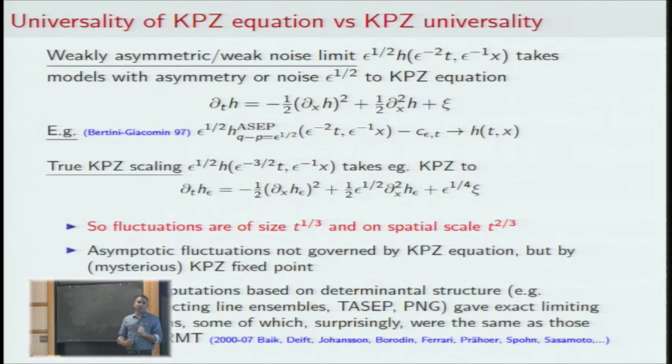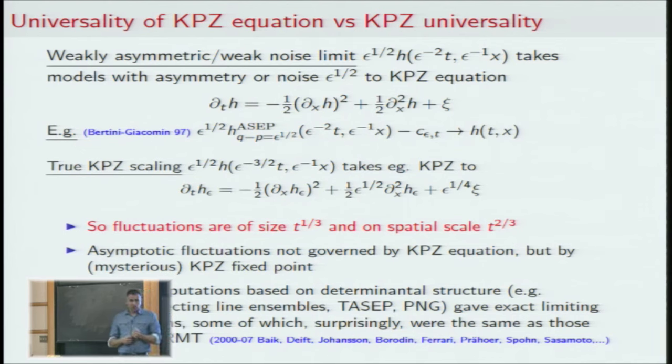Or rather, you adjust your nonlinearity. Let's talk about the nonlinearity. If the nonlinearity was 0, if you had none of this lateral growth, then all you would have would be an Ornstein-Uhlenbeck process, and everything would be Gaussian. And that's called the Edwards-Wilkinson class.